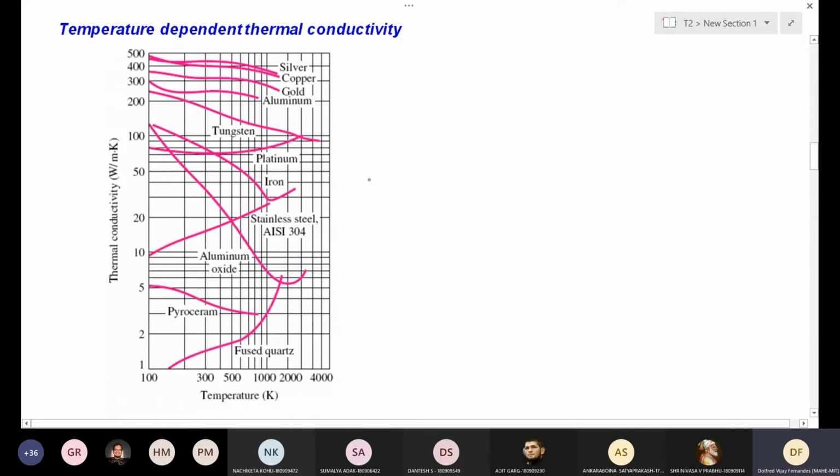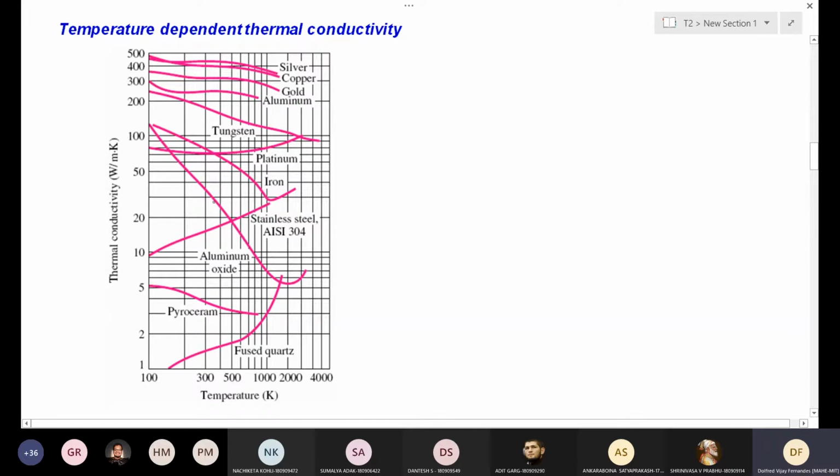Okay, shall we start? This is temperature dependent thermal conductivity, and you can see the chart here, which shows the thermal conductivity variation for different materials with respect to temperature. Only a few materials show a strong dependence on temperature, like aluminum oxide.